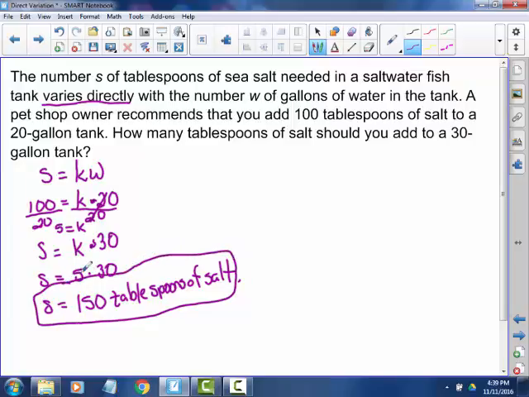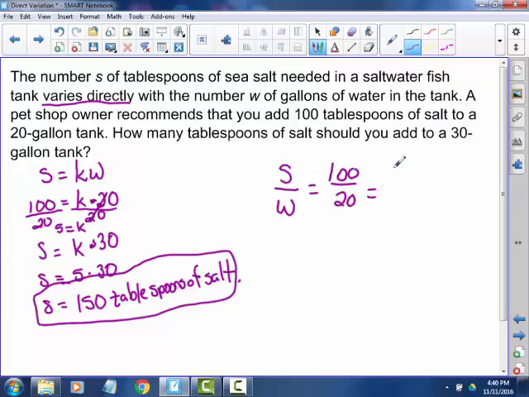Now, I know some of you are probably thinking, well, this looks like a proportion problem. And direct variation is a type of proportionality. We could have looked at it like you did in middle school, where you set up a ratio or ratio table. Sometimes they called it six-pane windows. Some people called it a bat and ball problem. They had all kinds of names for it. But basically what you did was you said, okay, S varies directly with W. So S to W is going to be the same as 100 to 20.